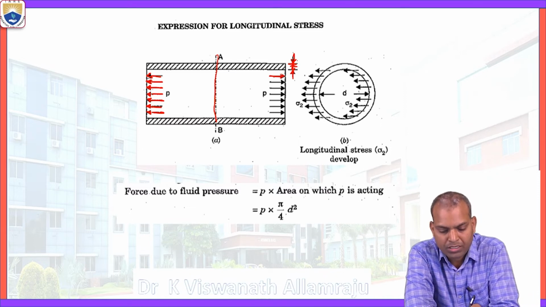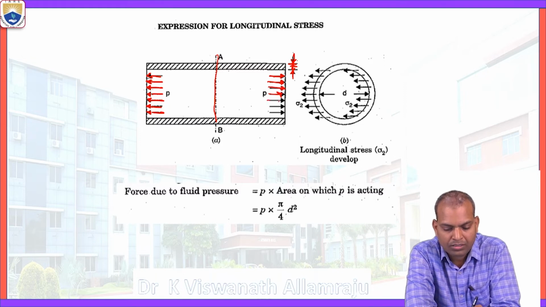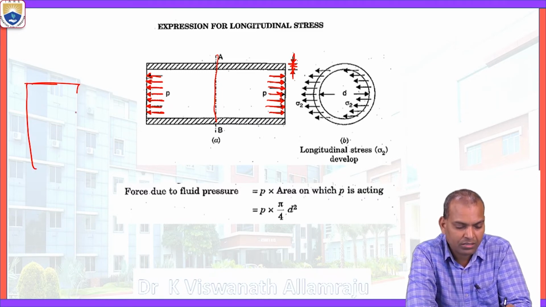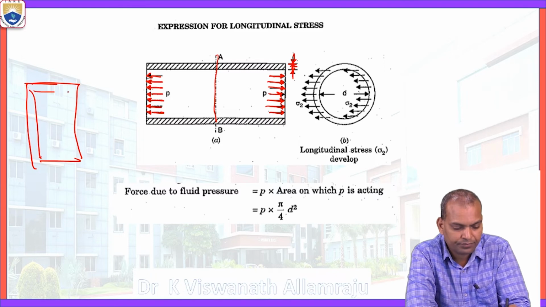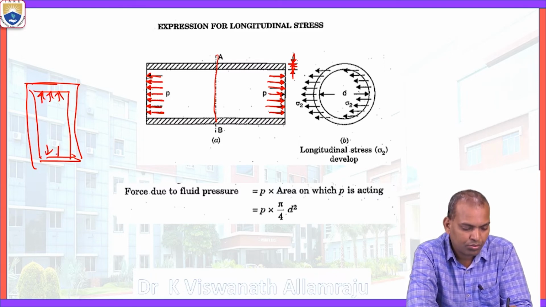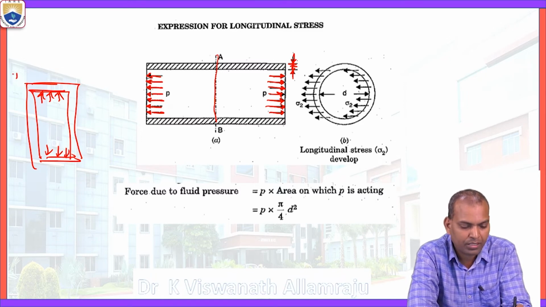This pressure P is acting along the length, on the top and bottom faces of the cylinder. If we keep the cylinder vertical, the pressure acts on the top and bottom.